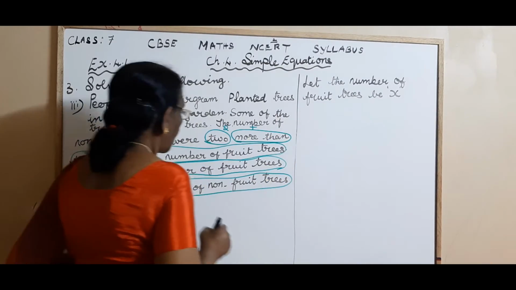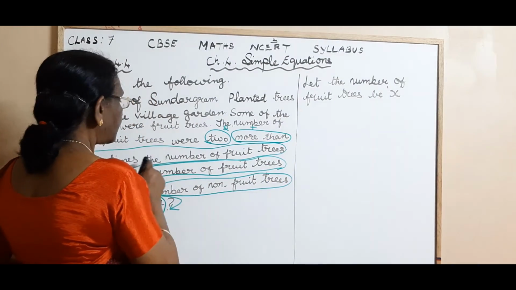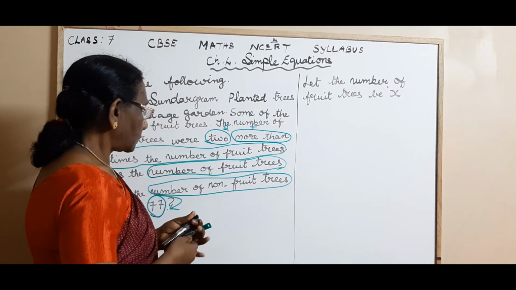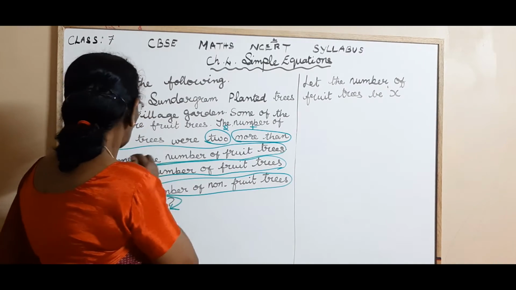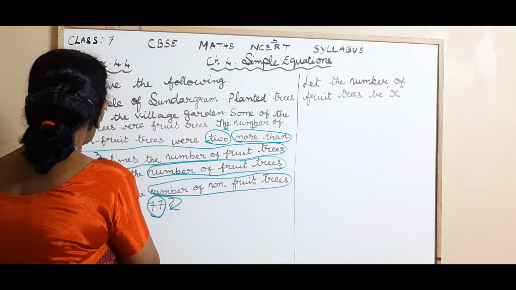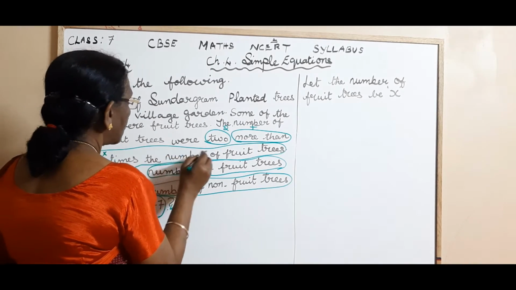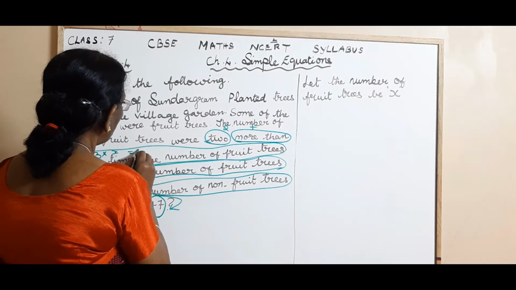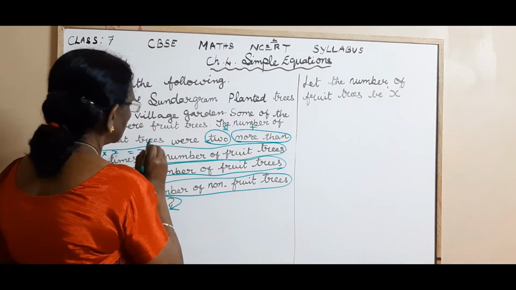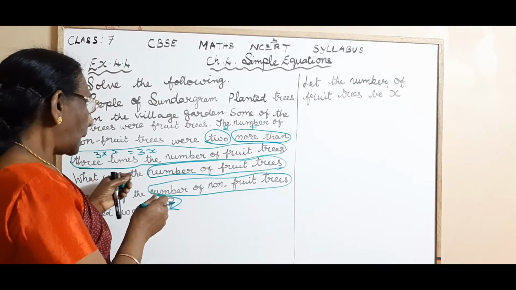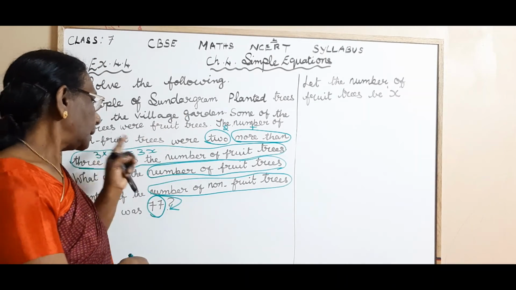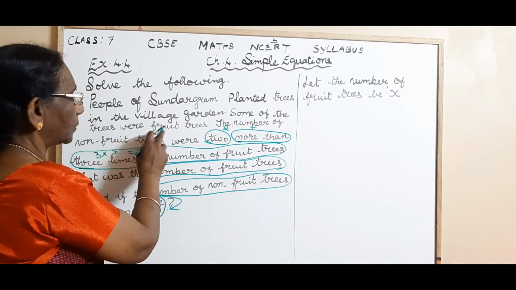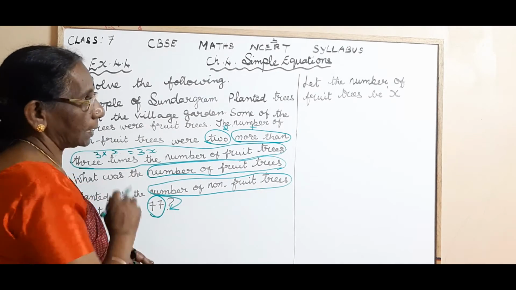So, 3 times the number of fruit trees. That means 3 into the number of fruit trees, x, that is equal to 3x. When you add 2 and 3x, it is equal to the number of non-fruit trees, 77.